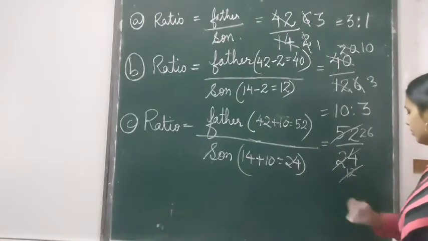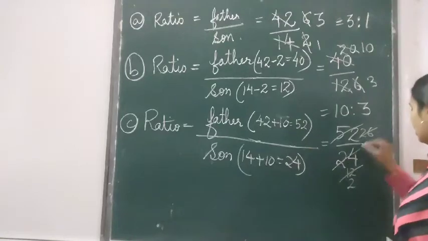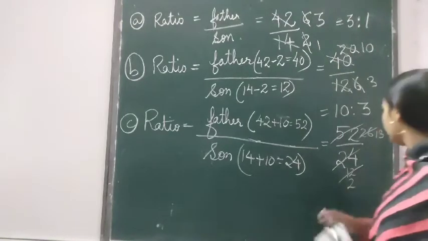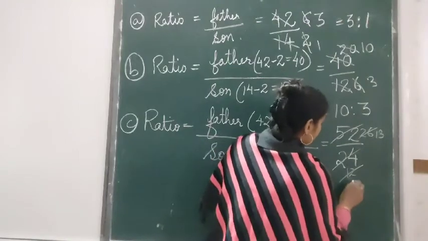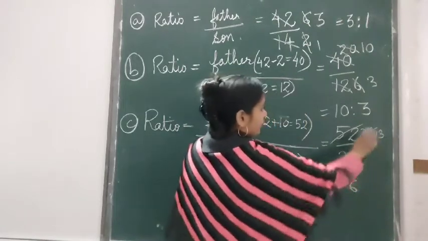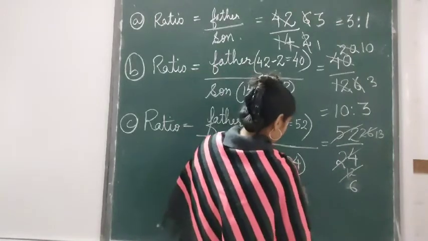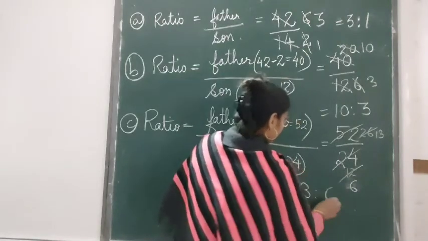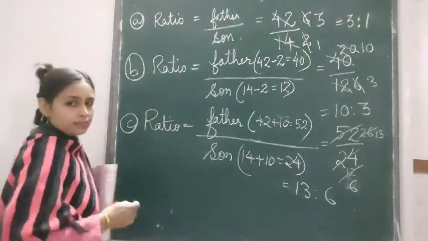Both are again divisible by 2. So 2 sixes are 12 and 2 thirteens are 26. So the answer is 13:6. Okay, this is the C part.